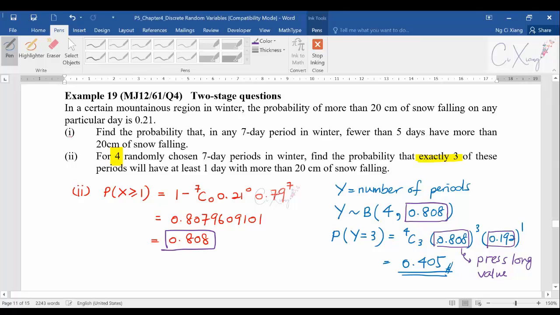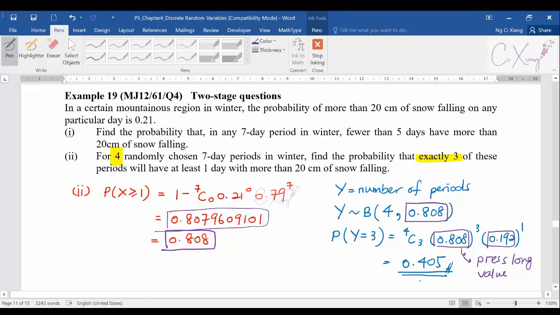When I write, I only write 0.808, but when I key in the calculator, I'm actually using the long one. Because 0.808 is not your final answer, it is only the half part of your solution. So you have to keep the long original answer, substitute it when pressing the calculator, and get the answer in the most accurate way.